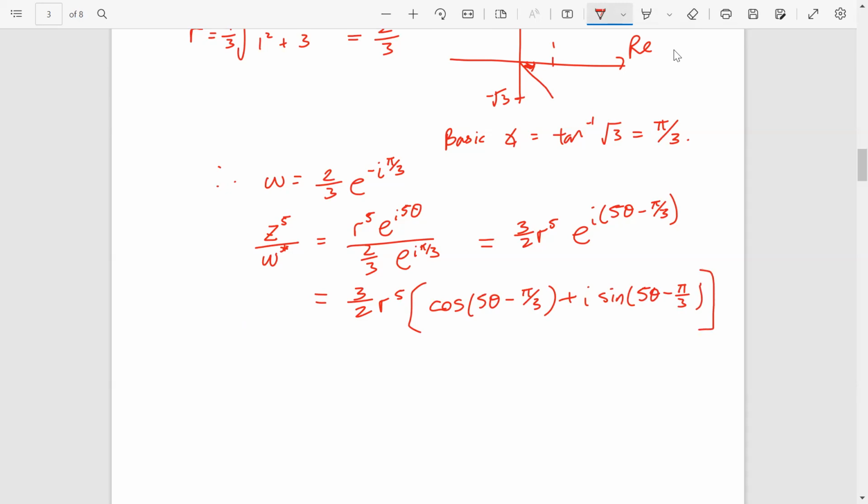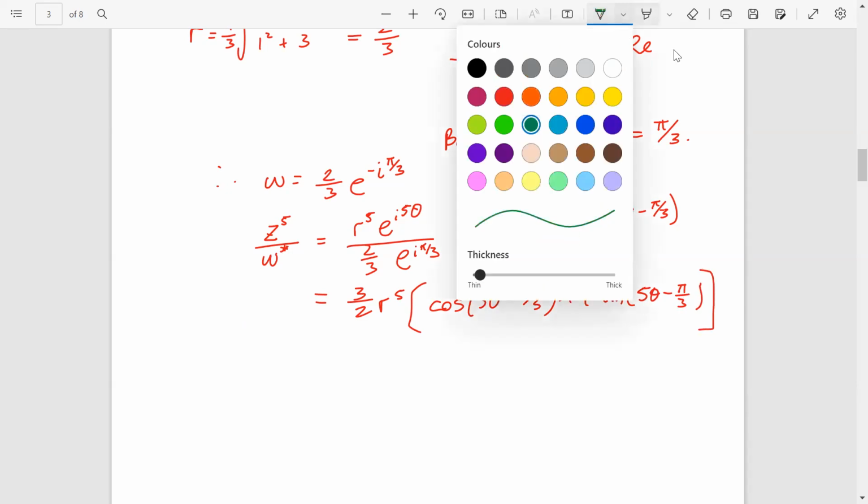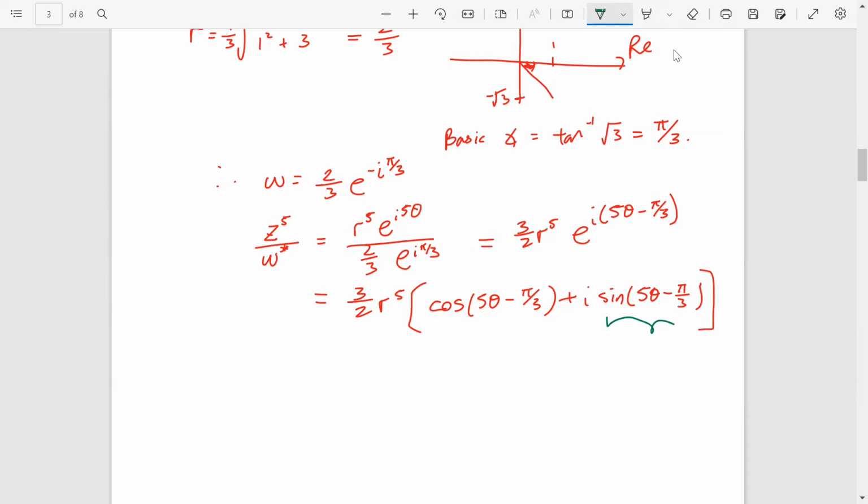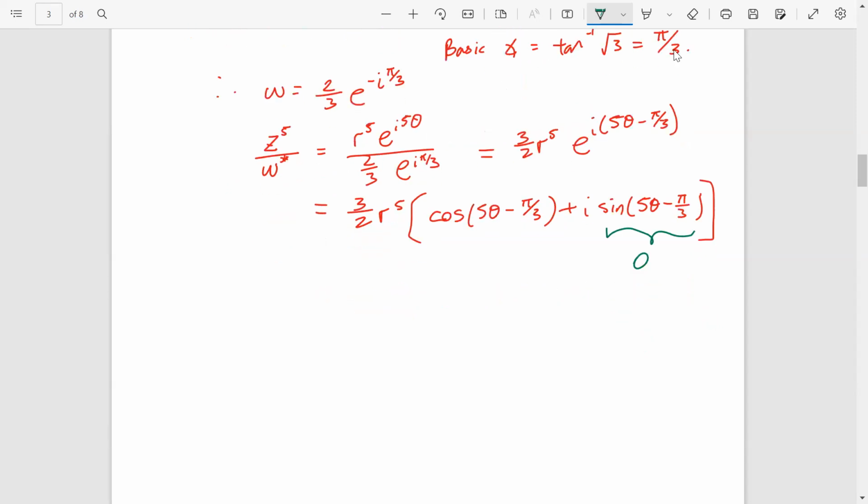You want it to be real, which means we want this imaginary part to be 0. If you want imaginary, then the real part is 0. So for z^5 over W star to be real, sine(5θ − π/3) equals 0.